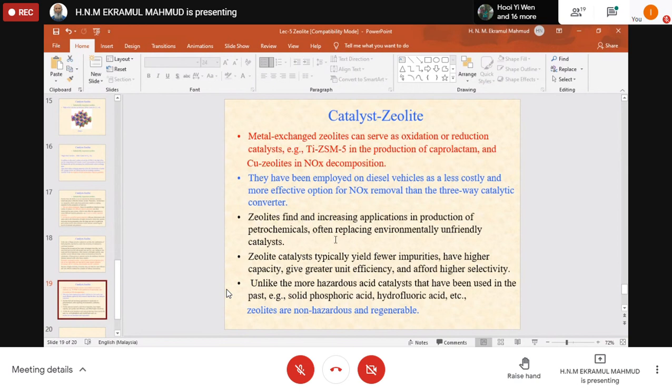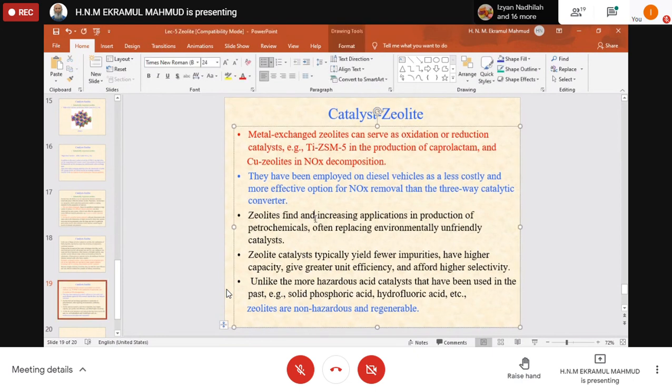Zeolites find increasing applications in the production of petrochemicals, often replacing environmentally unfriendly catalysts. Zeolite catalysts typically yield fewer impurities, have higher capacity, give greater unit efficiency, and afford higher selectivity.